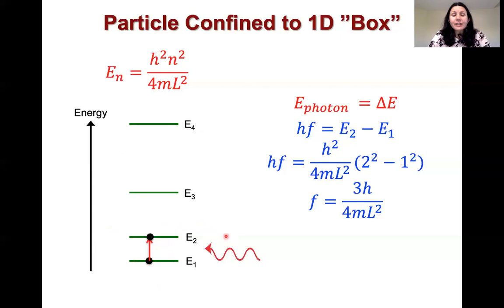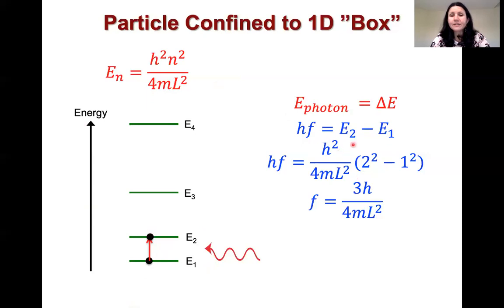So we can actually calculate exactly what frequency this light must have in order to cause this transition in energy level. So the energy of the photon, remember, is h times f. And the transition we're curious about here is from 1 to 2. So energy 2, our final state, minus energy 1. Now these energies are for our one-dimensional box, so we can get them from here.